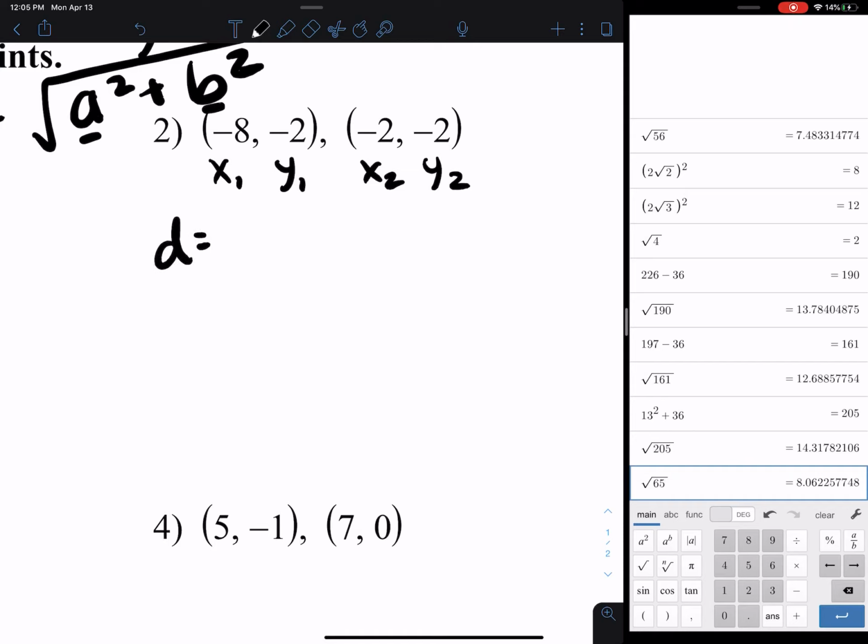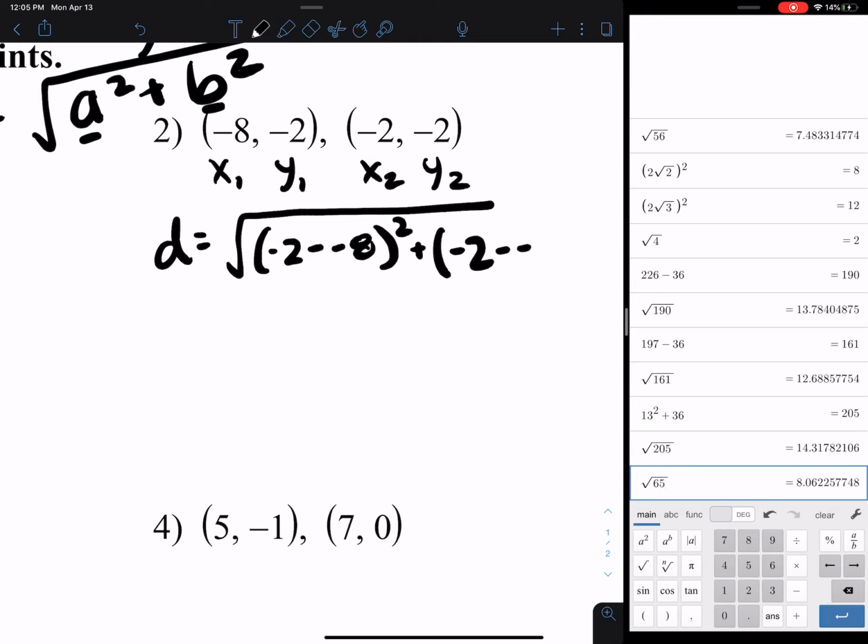So we have d equals the square root of x2 minus x1. So we have -2 minus -8 squared, plus y2 minus y1. So that's -2 minus -2 squared.